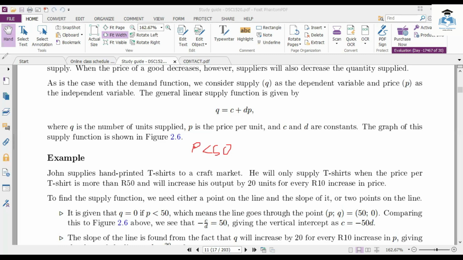So now, which means that the line goes through the point P, Q. Remember, we are saying our equation is what?